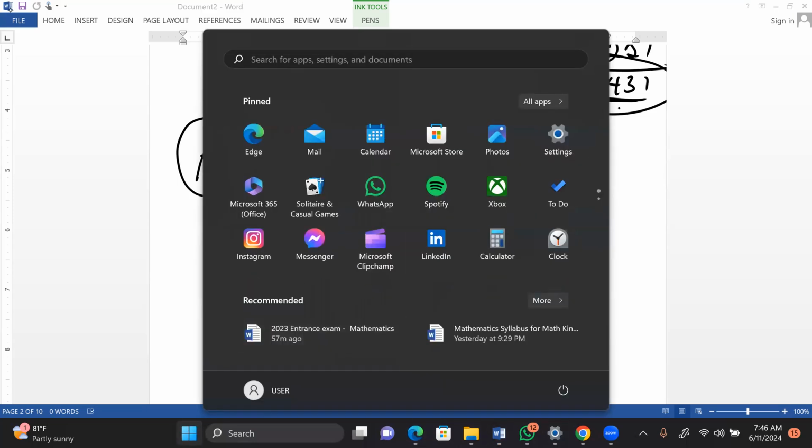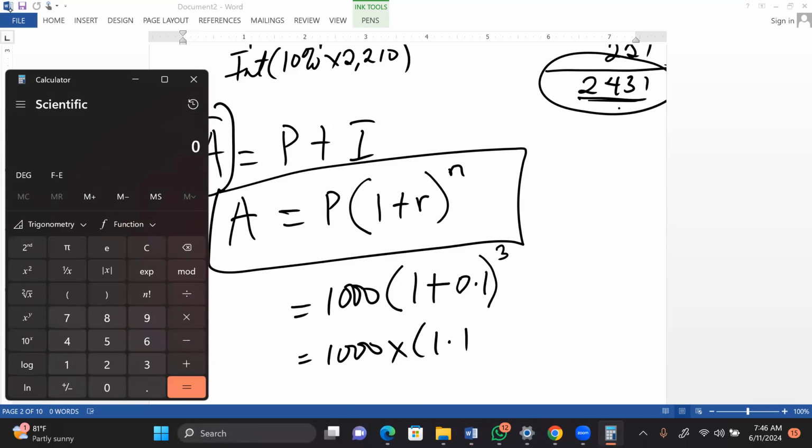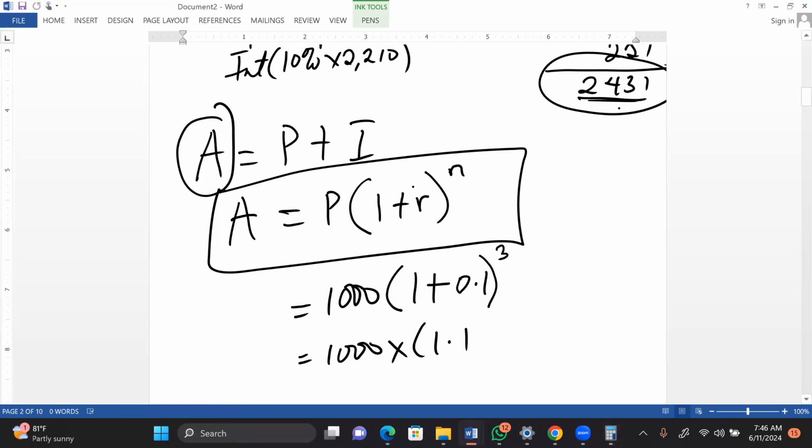Let me bring out my calculator. Can you see my calculator? Yes. How did you get that 0.1? That's what I want to show you.